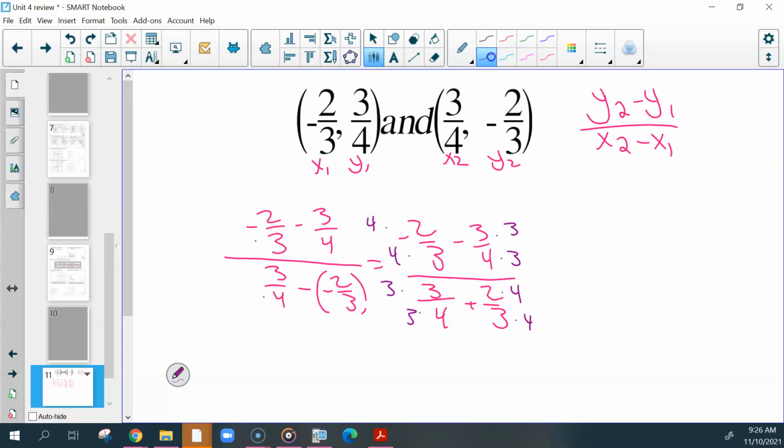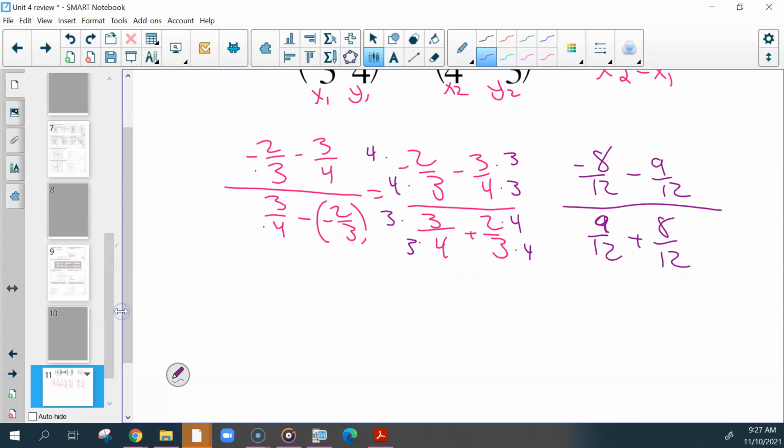So all of your new fractions would become -8/12 minus 9/12 all over 9/12 plus 8/12. When we combine our fractions, -8 minus 9 would give us -17.